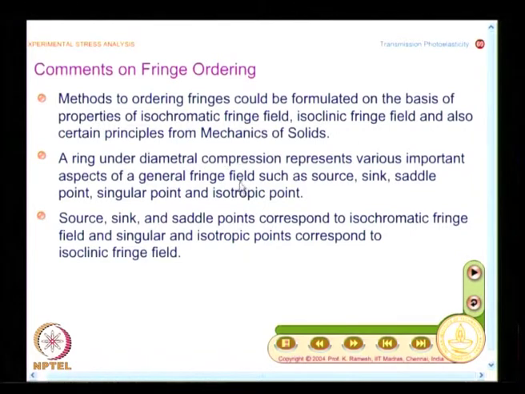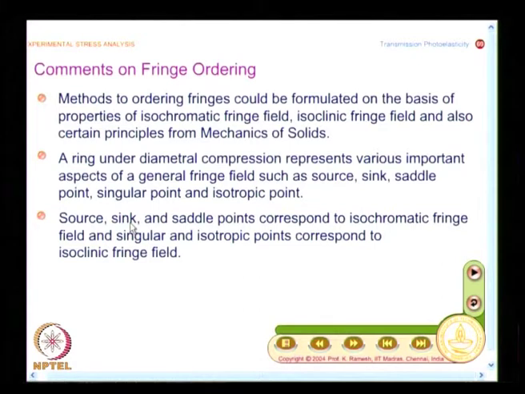When I understand all these features, they serve as gate points for me to order the fringes, and that is very important. These points could be classified, certain ones belonging to isochromatics and certain ones belonging to isoclinics. Source, sink and saddle points correspond to the isochromatic fringe field, while singular and isotropic points correspond to the isoclinic fringe field.